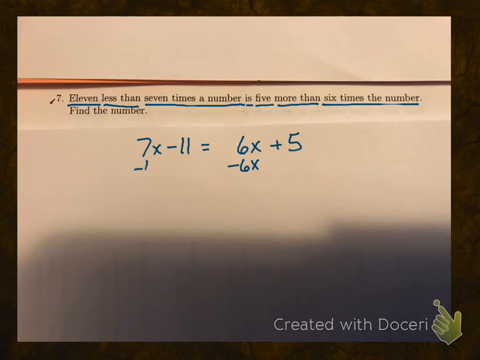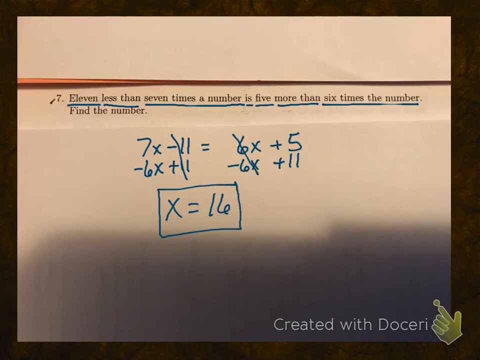Okay, move our x's to one side, subtract that 6, add 11 to both sides. Seven minus 6 is 1, so we have x is equal to 5 plus 11 is 16. Okay.